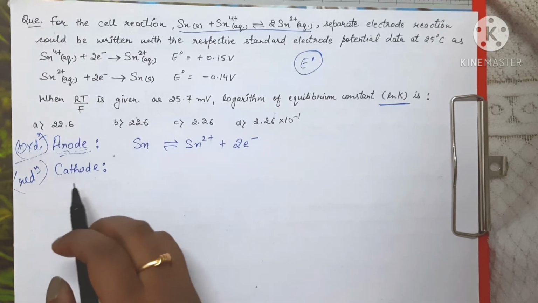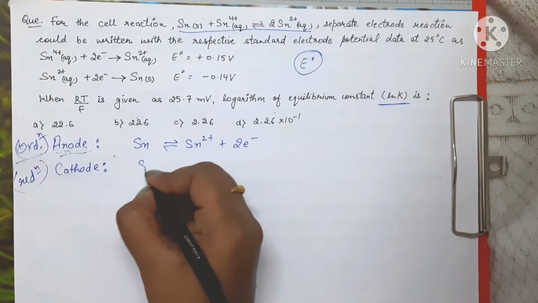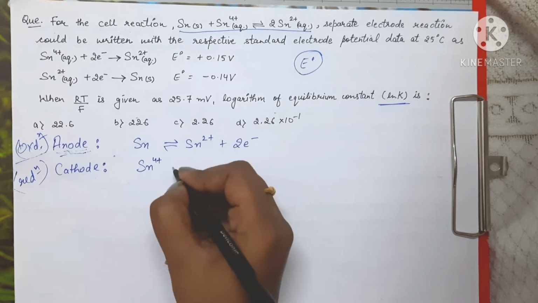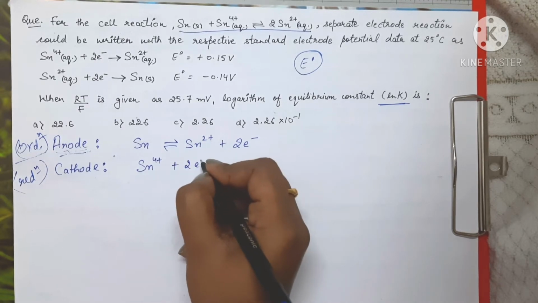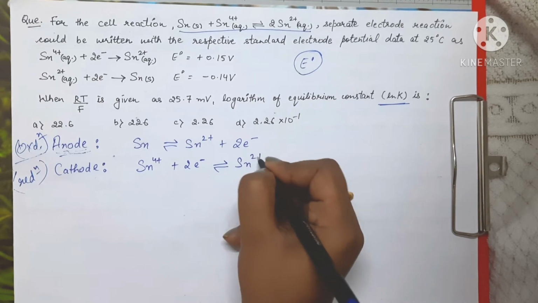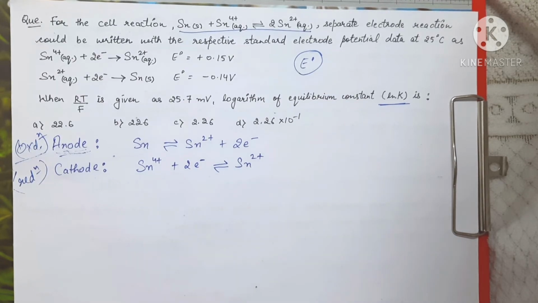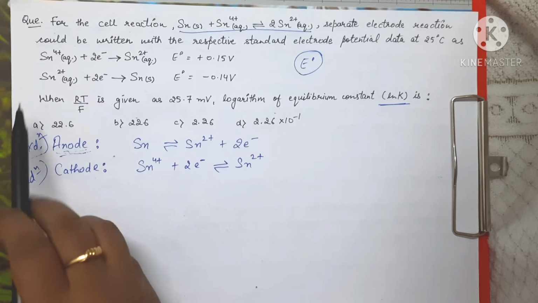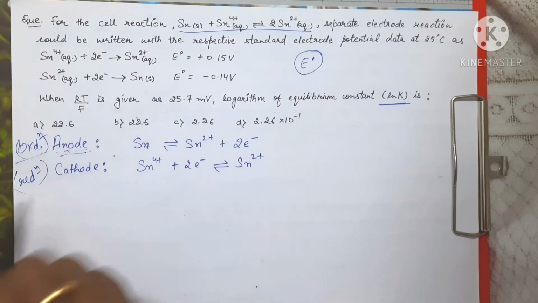Now at cathode what would have happened? Sn4 positive would have taken these 2 electrons and changed to Sn2 positive, right? These two types of reactions would have happened.